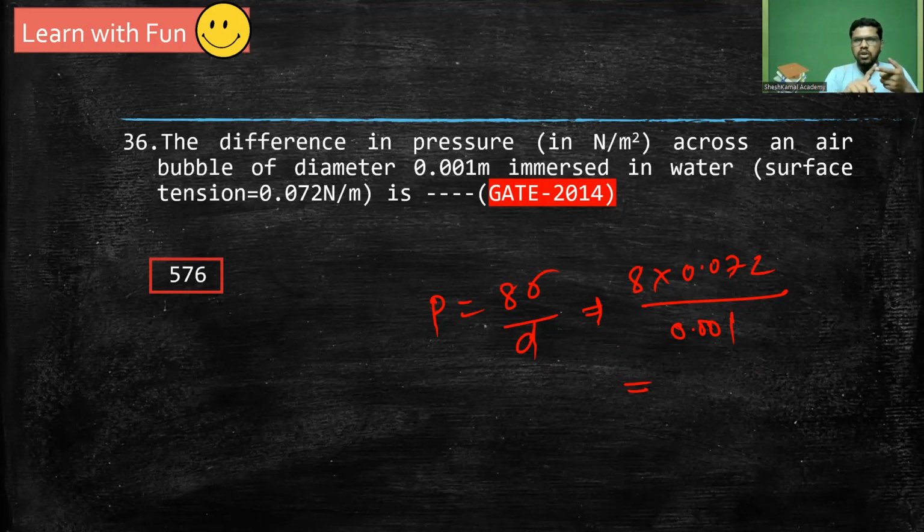So mostly we have seen that questions have been asked on Newton's law of viscosity, then surface tension, then capillary rise, and then types of fluid. These 4 topics from the first unit of fluid mechanics are very important, and the questions are very easy. Within a minute you can get the answer if you are clear with these properties of fluid and its classification.